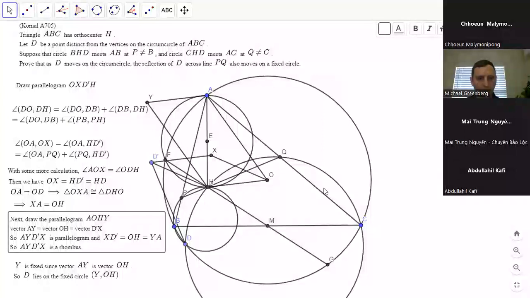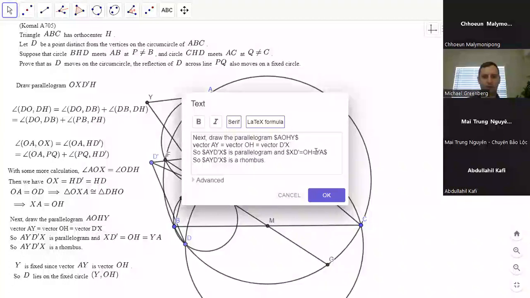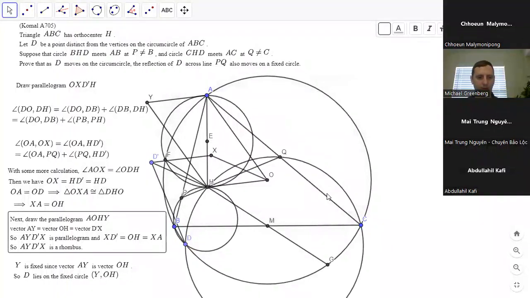And so we said it's a rhombus. Oh, but we said, oh no, it is XA. Yeah, from that part. That's right. Okay. Interesting. So yeah, that congruent triangle is key.